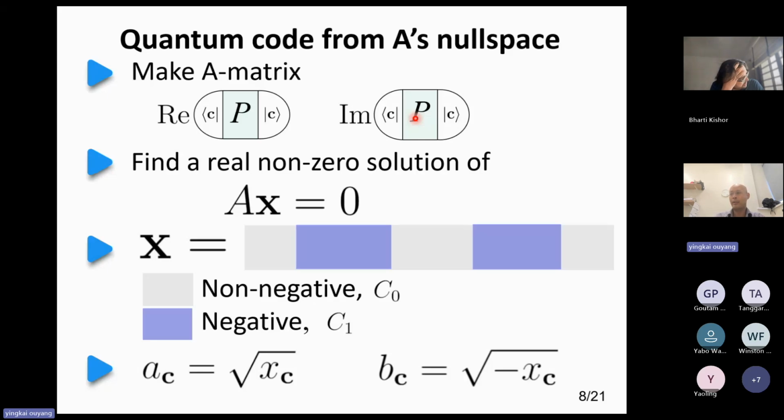For example, if the dimension of your null space is 1, then there is only one basis vector for your null space. Sure, the null space is infinite dimensional, but that doesn't matter. As far as your quantum code is concerned, that is a unique solution because your code words need to be normalized, right?